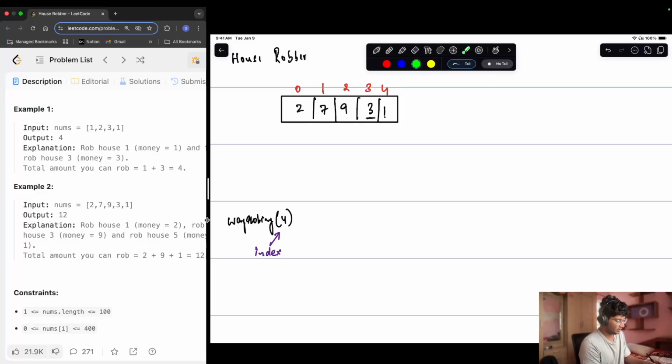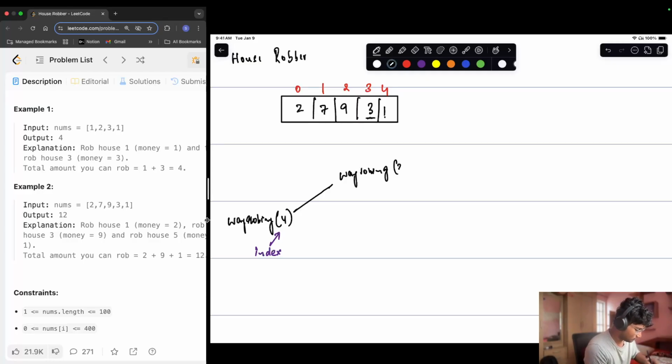I'm not saying I'm going to pick it, I have a chance of picking this. So all I'm going to do is call ways of robbing house 3.